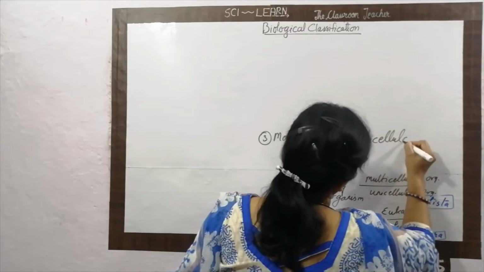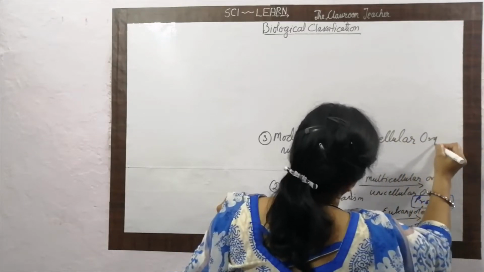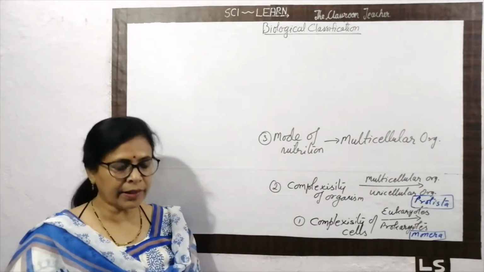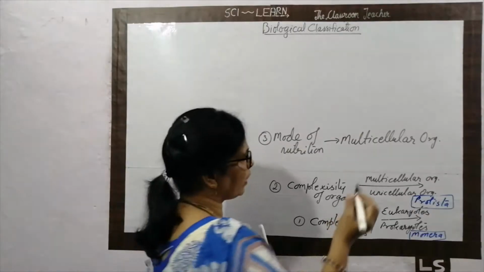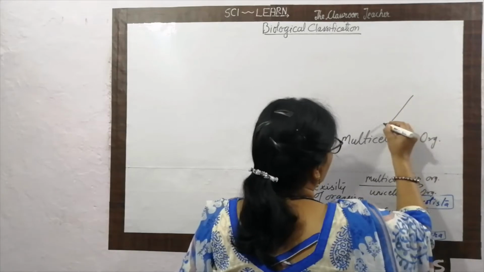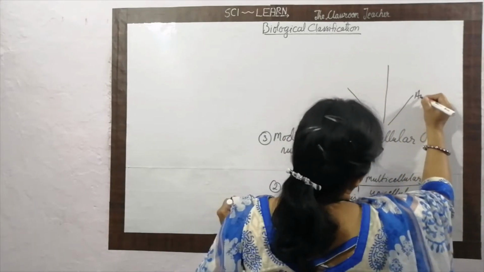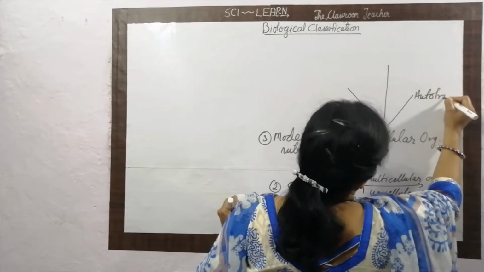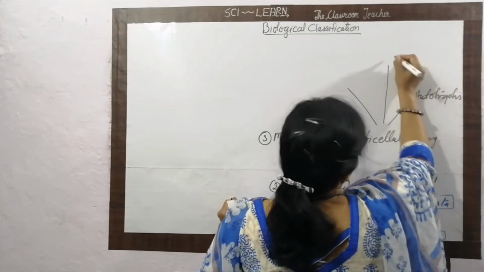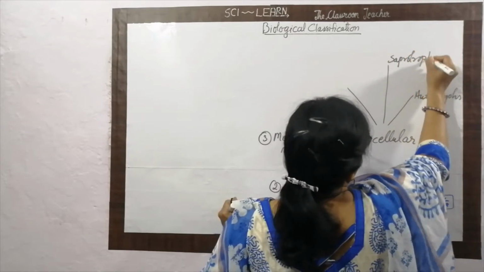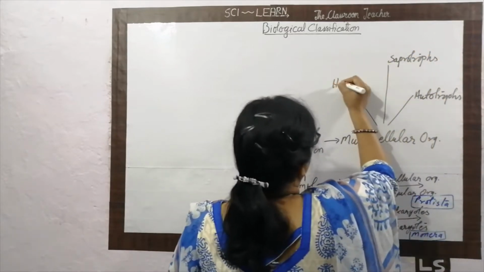And when we call the multicellular organism, it means we are going to classify it into 3 parts. What are the 3 parts? One is called autotroph, one is called saprotroph, one is called heterotroph.